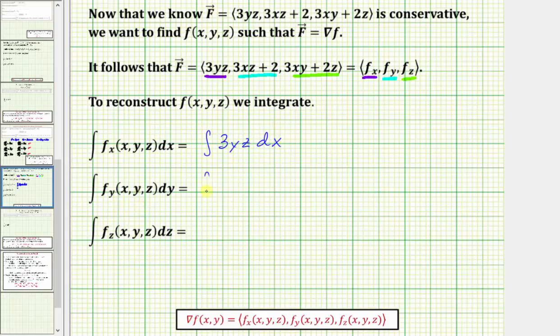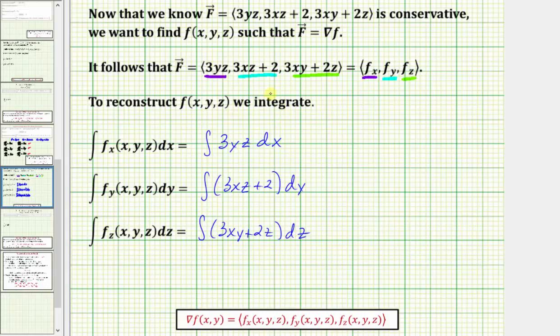This integral here would be the integral of 3xz plus 2 integrated with respect to y. And here we'd have the integral of 3xy plus 2z integrated with respect to z. So by determining these three antiderivatives, we should be able to analyze them and reconstruct the potential function little f of x, y, z.